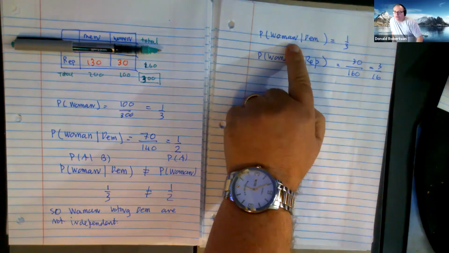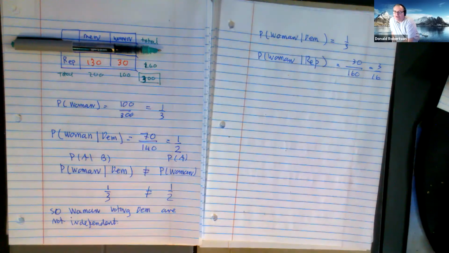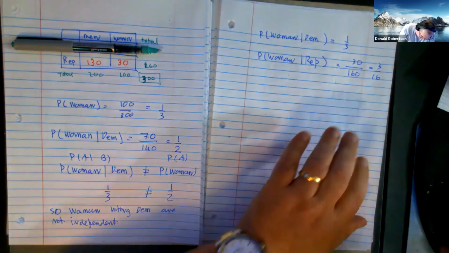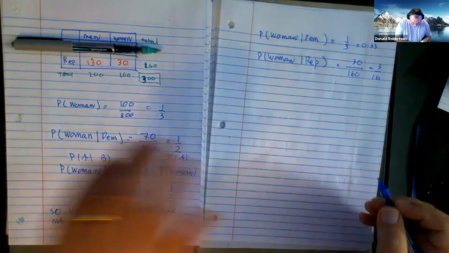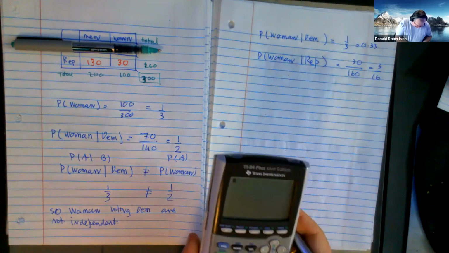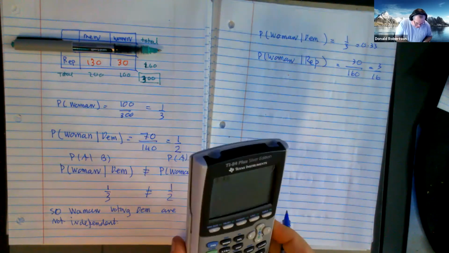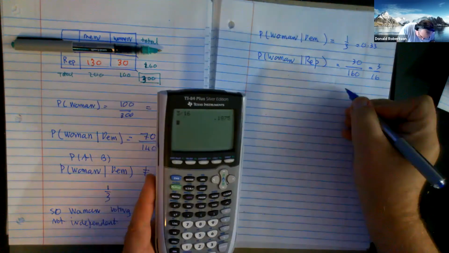From these two, wouldn't it be reasonable to say that women vote more Democrat than they vote Republican? If you want to see it as a decimal, that's about 33%, very roughly, and 3/16 is about 19%.